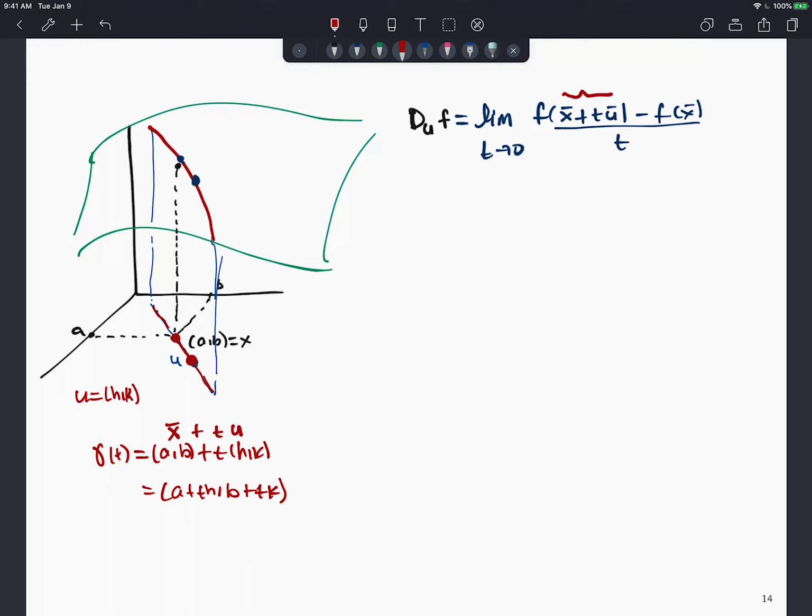So I can write this up here really like the limit when t goes to 0 of f of gamma of t minus f of gamma of 0, because gamma of 0 is the point x.